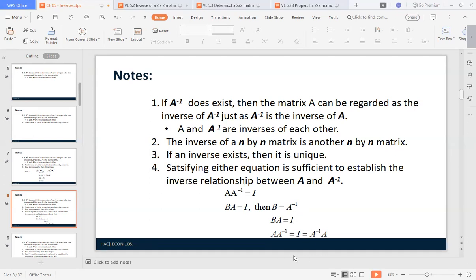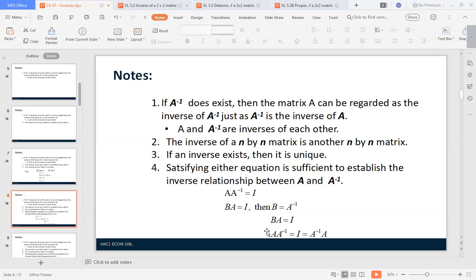So in this case, class, we are doing both pre and post multiplication. Here we are doing reverse multiplication, but doing so would still yield the same identity matrix, or the product would be the identity matrix.